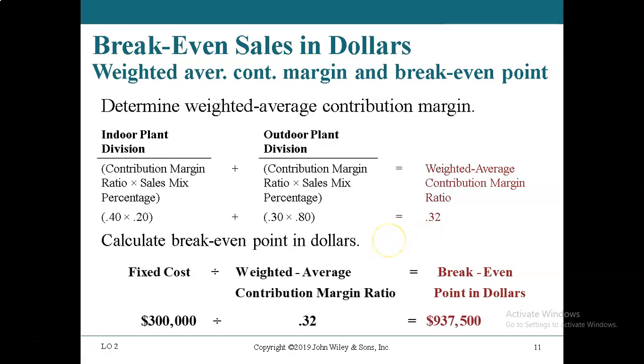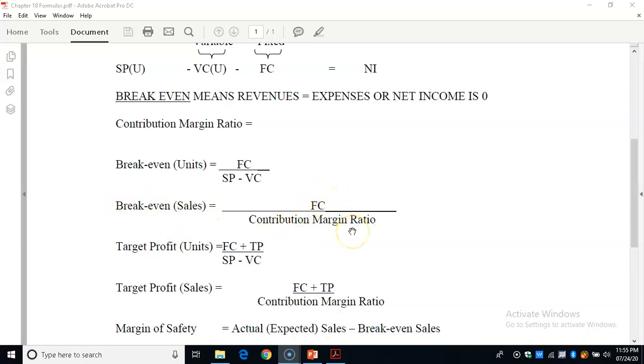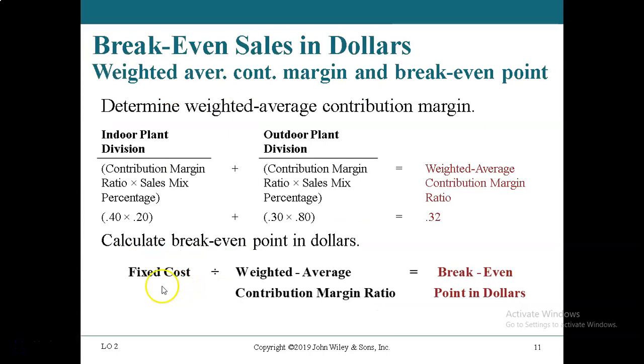So what if I want to figure out break even in sales? How would I figure out break even in sales? Take a look here. Break even in sales is fixed cost divided by contribution margin ratio. We have two products, so we're going to use the weighted average contribution margin ratio.